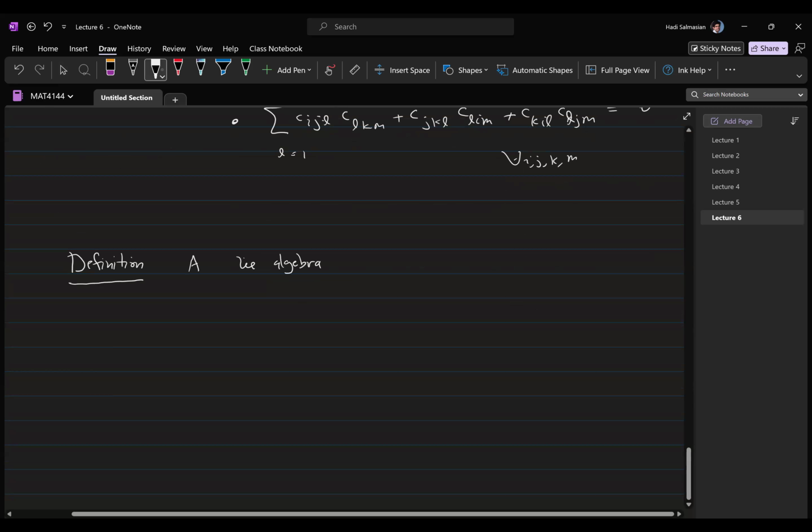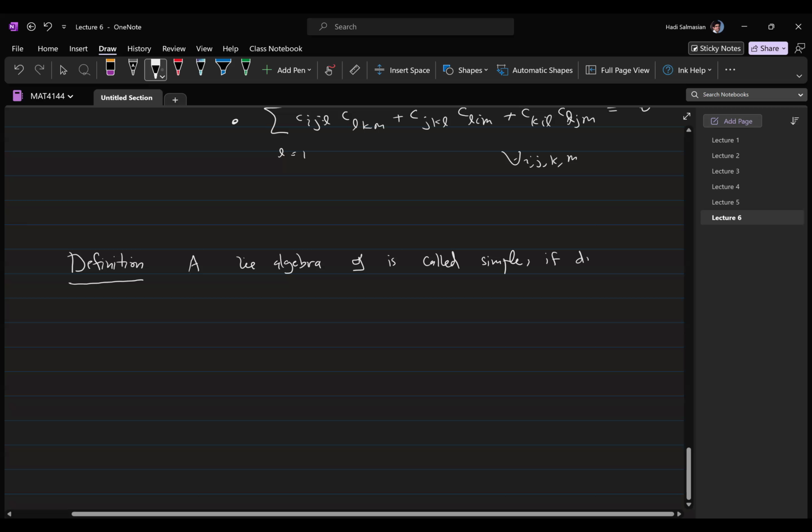That's right. So the algebra G is called simple, just like when you define a simple ring. Well, there is an extra condition. I'll tell you why it is there.